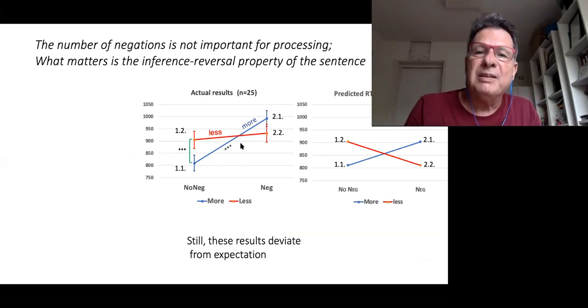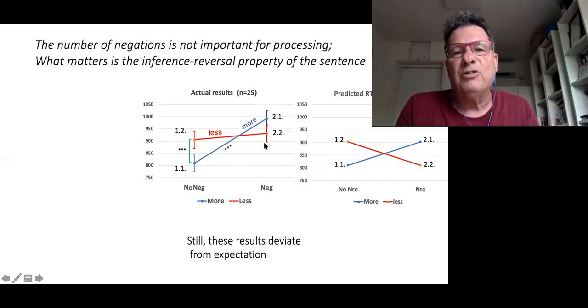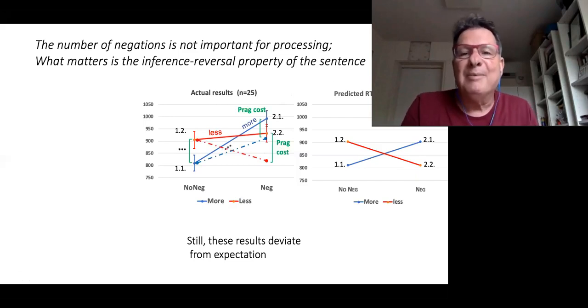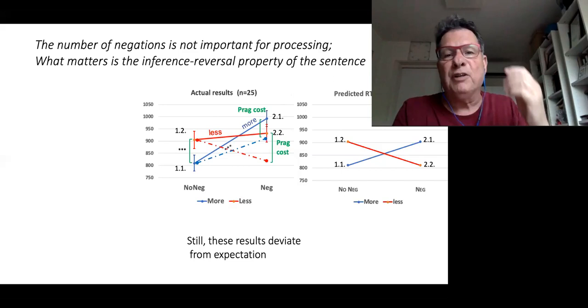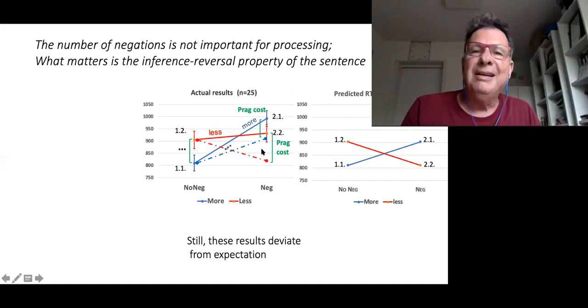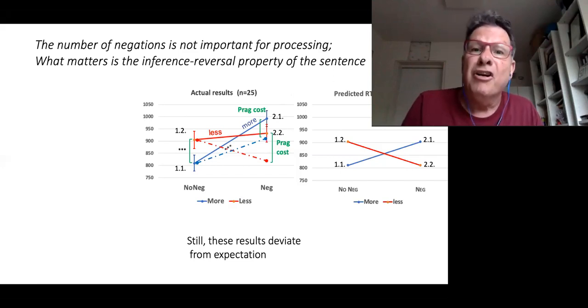But there's a second possibility that Andreas would like to explore more than me. The second possibility is that there's some kind of a pragmatic extra cost that you get here, and it comes from the fact that the behavior of these negated modified numerals is not exactly the same as non-negated ones.